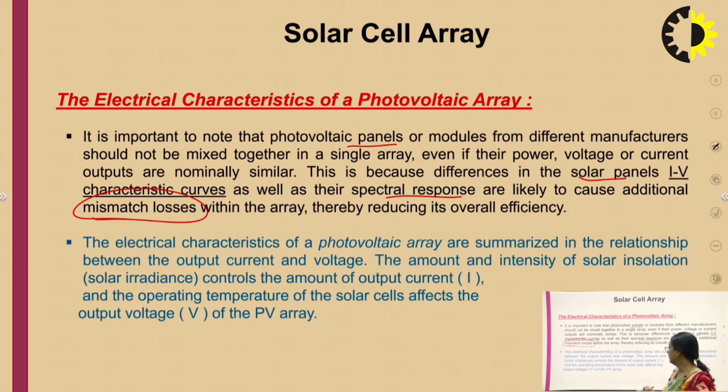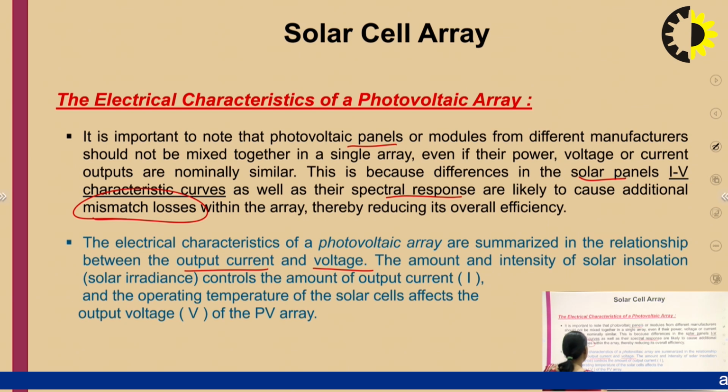The electrical characteristics of a photovoltaic array are basically summarized in terms of output current and voltage. The amount and intensity of the solar insolation or solar irradiance controls the output power, and the operating temperature will affect the output voltage of the PV array, right?